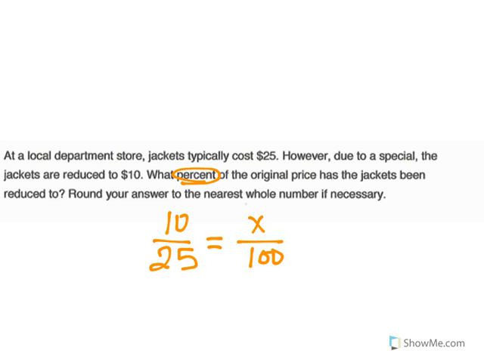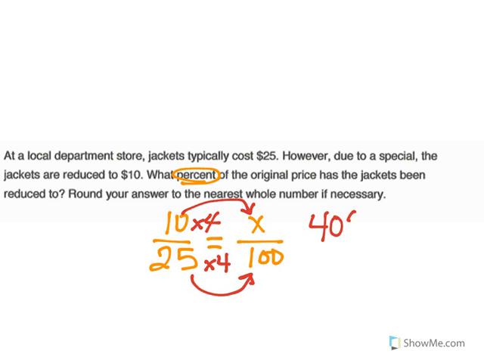So I want to know what percent of the original price it has been reduced to. So again, I can do those cross products, right? But you know what? Sometimes there's easier ways to do it. I know 25 to 100 is times 4. So I can do right here times 4. And there you go. It makes it a lot easier. What's 10 times 4? 40.